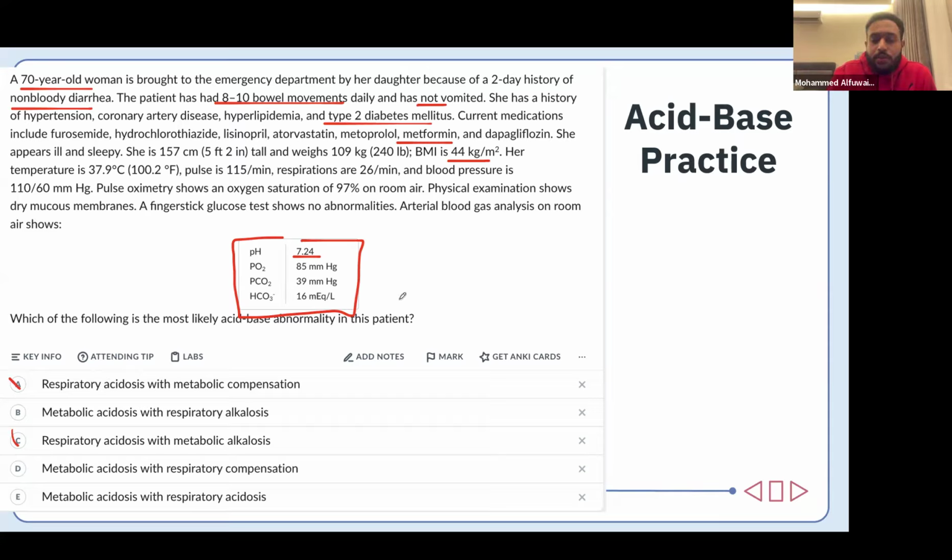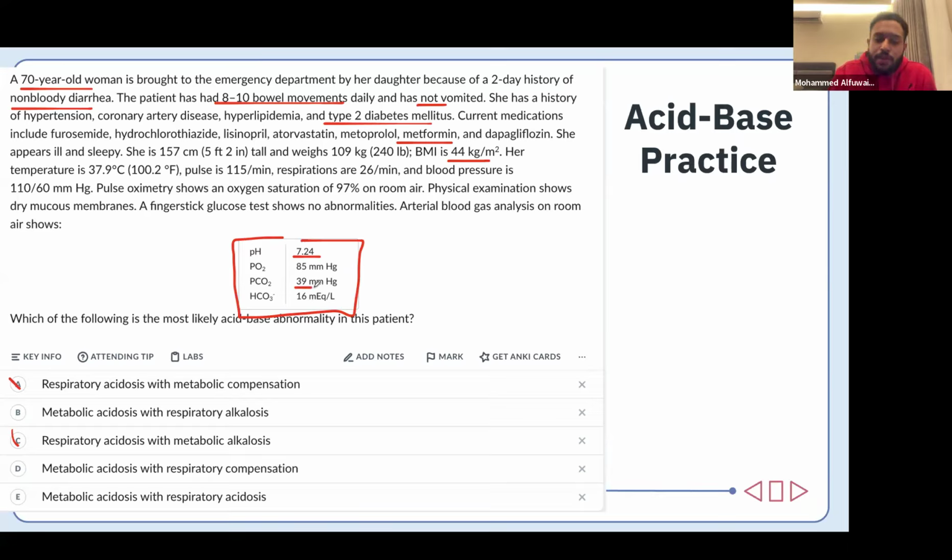Now you've established that it's metabolic acidosis. What you want to do here is check if they have a concomitant disease. So what formula would you want to use? Winter's. 1.5 times this, 16, plus 8, plus or minus 2, so 30 to 34.